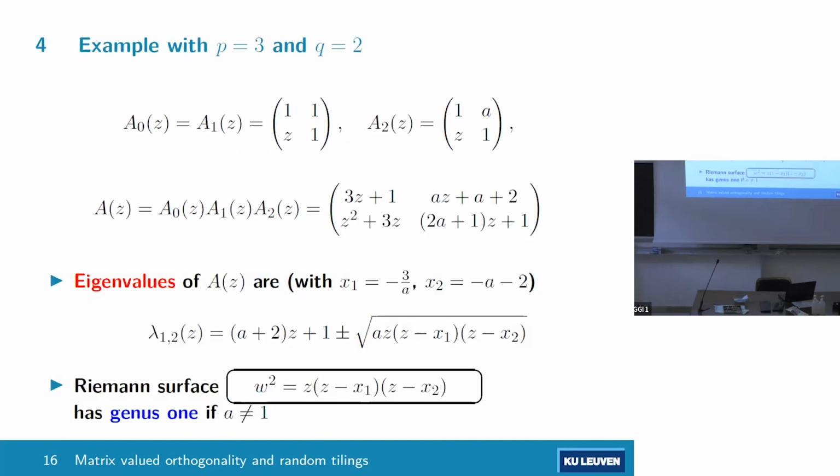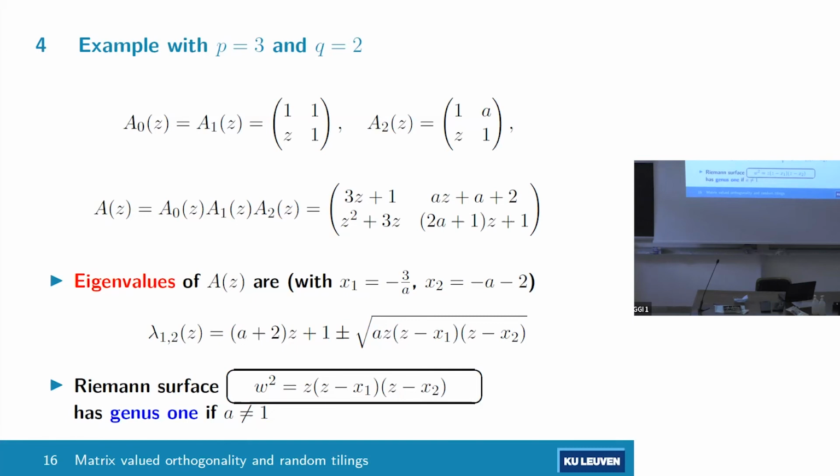So the example is with period 3 in the horizontal direction, Q is 2 in the vertical direction. We get 2 by 2 matrices, but we get three symbols here, A0, A1, A2, and then they alternate. A0 and A1 are the same, and they correspond to the uniform model. All coefficients are 1 here.